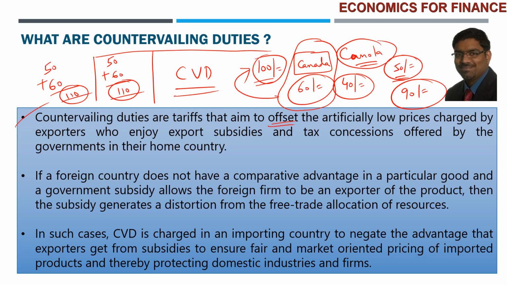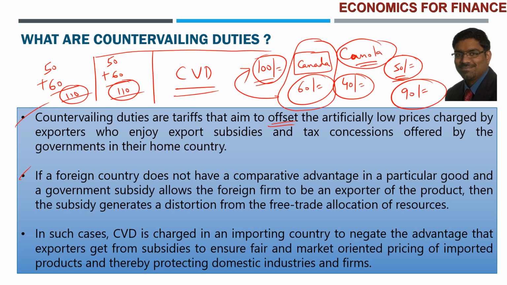So whenever exporters enjoy export subsidies in any one country, whatever subsidy they are enjoying will in general be nullified by the other country by levying countervailing duties. That is why a very important tool throughout the world is this CVD, countervailing duties.